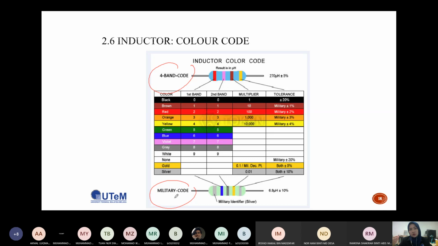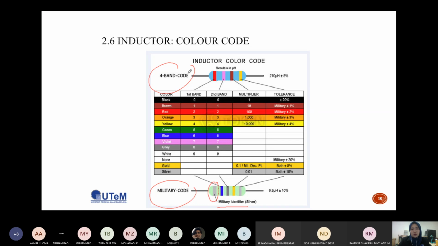To differentiate between the 4-band code and the military code, the military code has another band here with the color silver. So this is the military identifier. If you have an inductor with a silver band like this, then it is a military inductor, used in military applications.